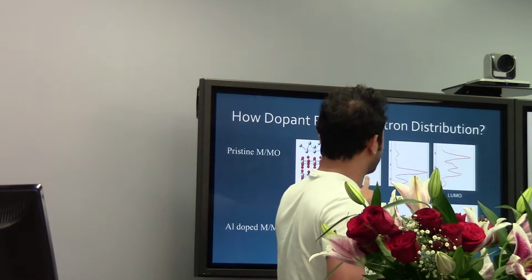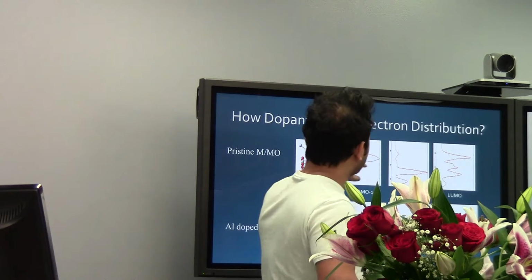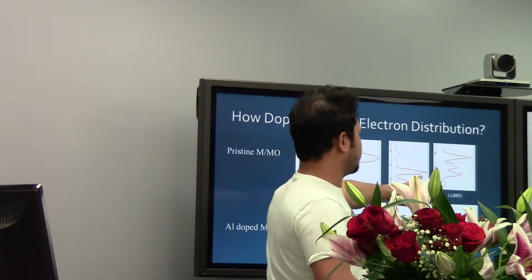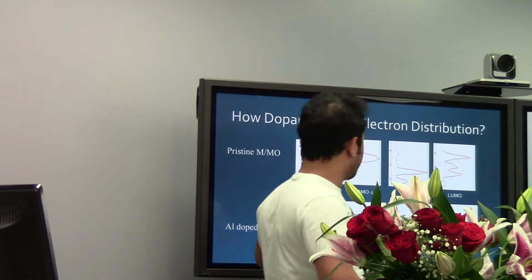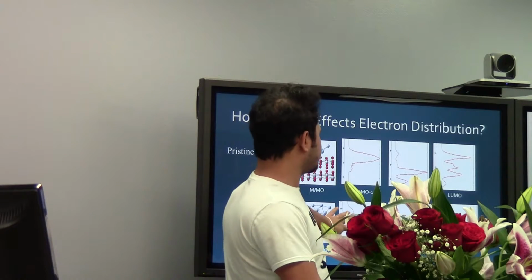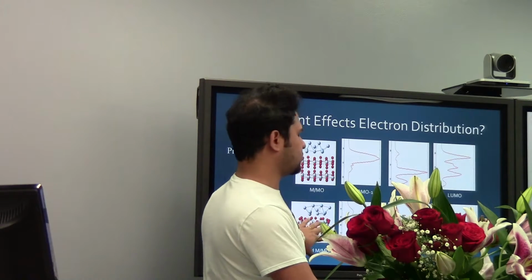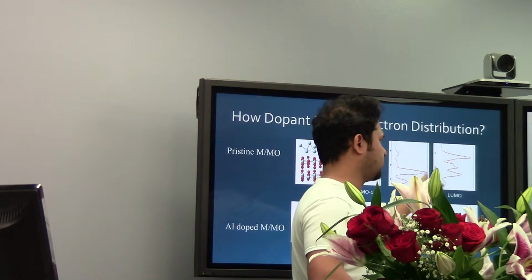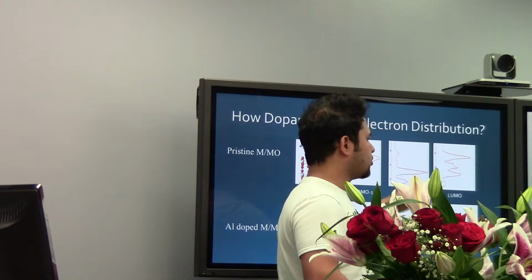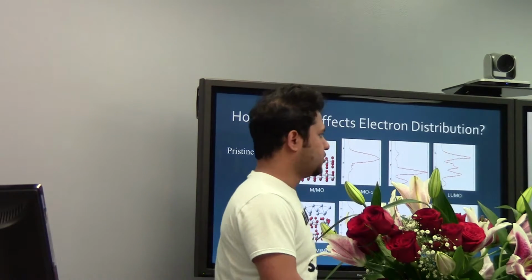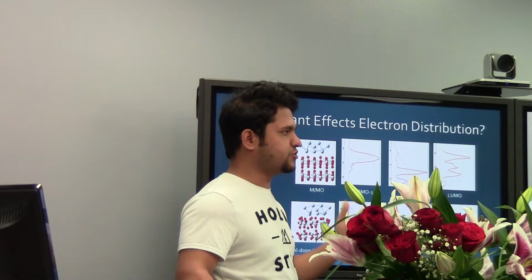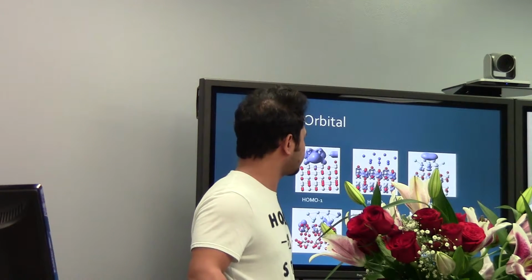Here are HOMO-1 and HOMO. There was some electron delocalization on the metal part, and also in the LUMO. But when I dope aluminum, the electrons move towards the oxide part, and the LUMO also shows the electron transfer. So maybe because of this oxygen, it could introduce a charge transfer here.